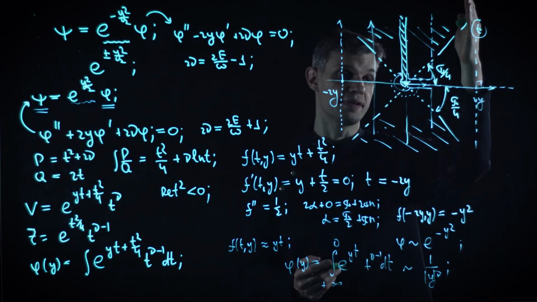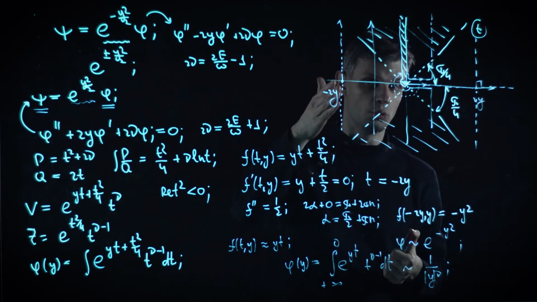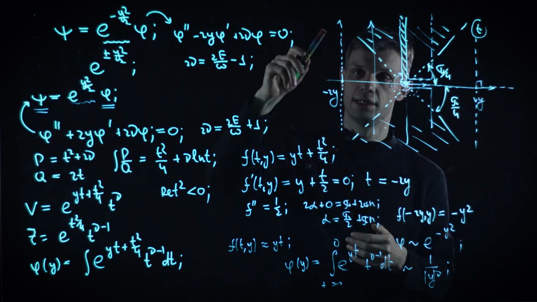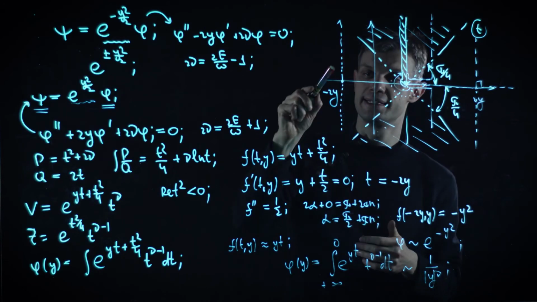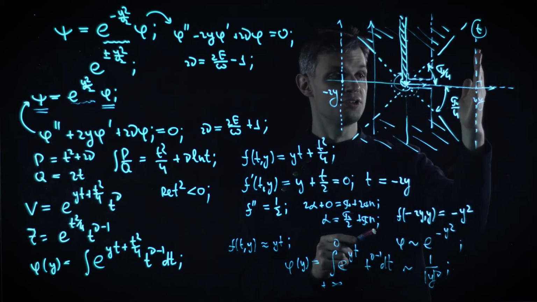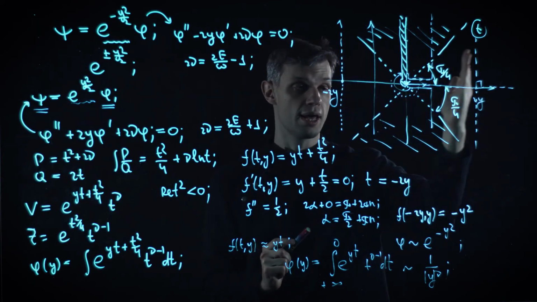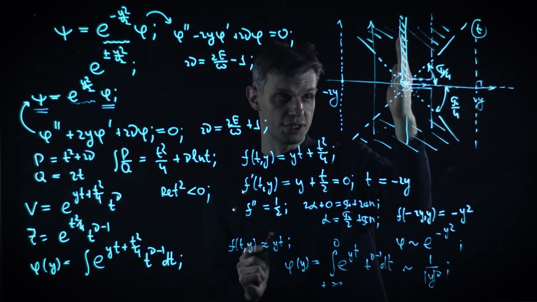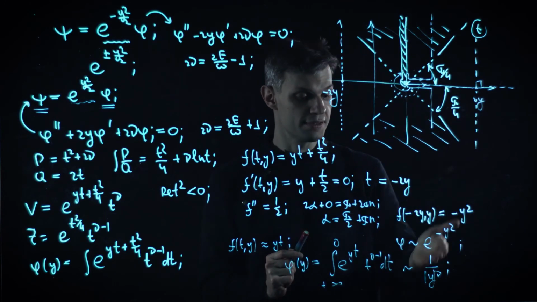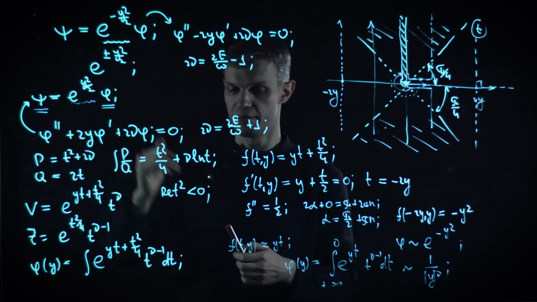And things with the second linear independent solution are even worse, because, for example, if y is positive, then again we have the same story, but reverted from right to left, because we want our solution to be defined entirely by the value of our exponent function at the saddle. But as we try to move the second contour from right to left, so it passes through the saddle for large and positive values of y, again we encounter this branch cut, and the integral will be defined entirely by the vicinity of the branch point, and it will give us precisely the same kind of asymptotics, which leads to the wrong asymptotic behavior of the original wave function.